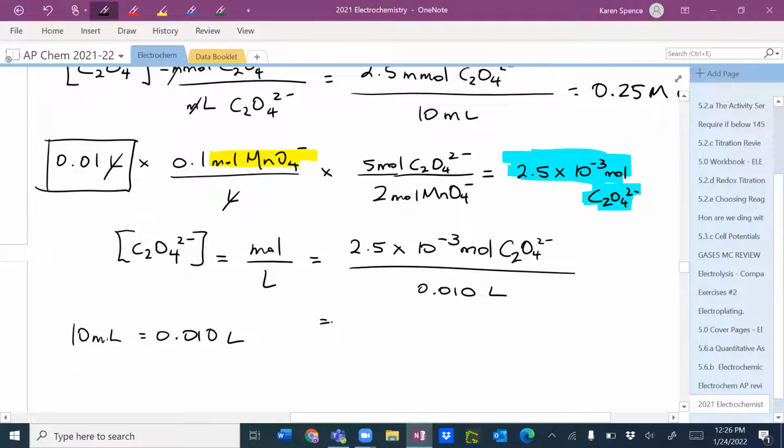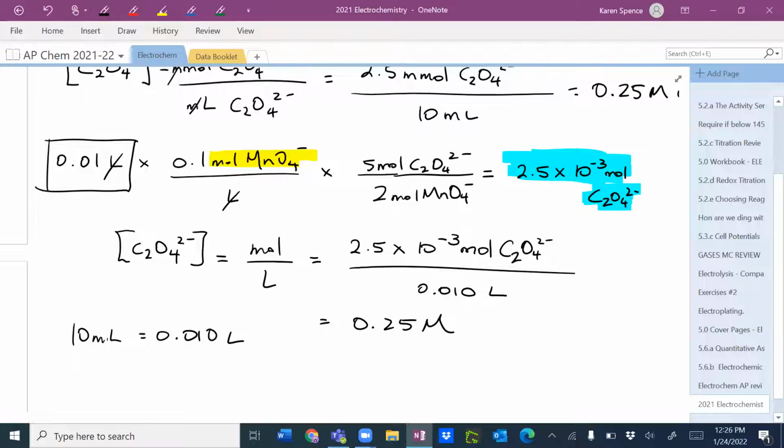And so that gives us 0.25 molar. So same answer as before. Okay, whichever way you like doing it is fine.